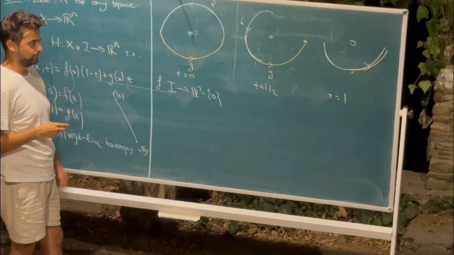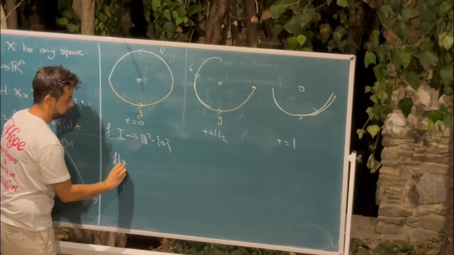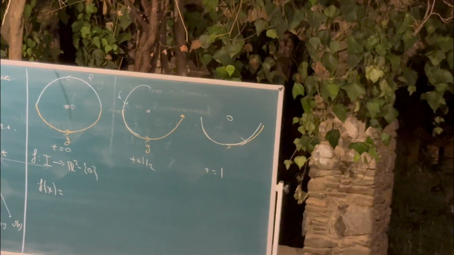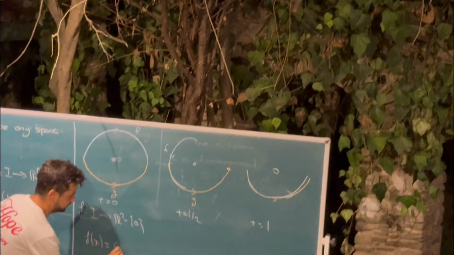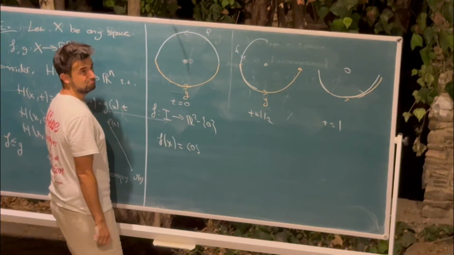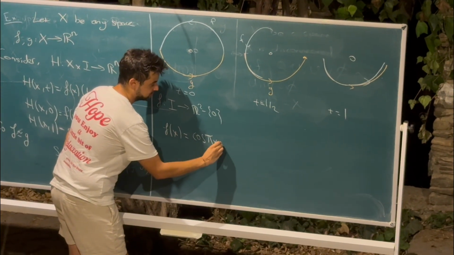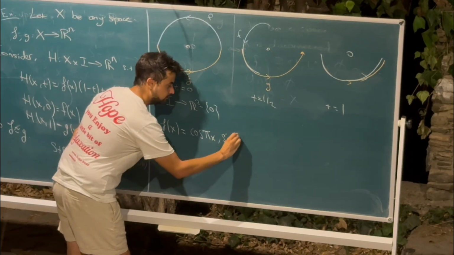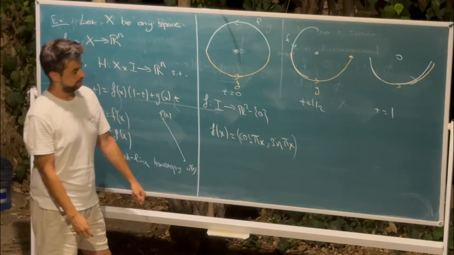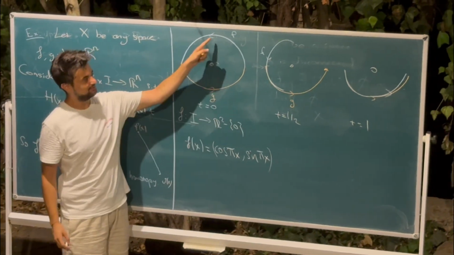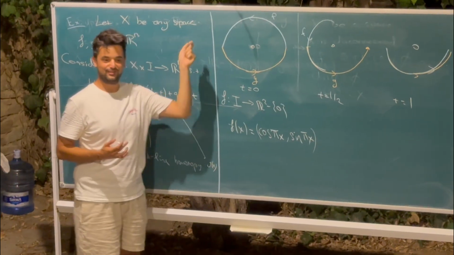If we try to parameterize f, I think it has to do with cosine pi x, comma sine pi x. This arrow means it starts from here and ends here.